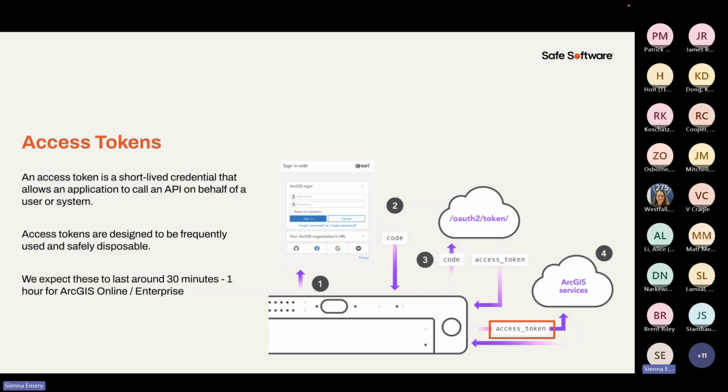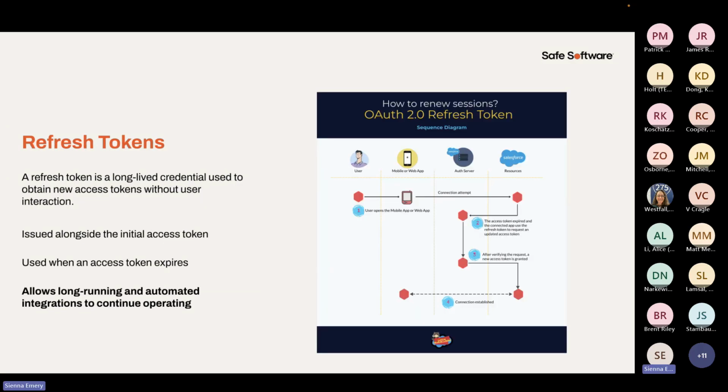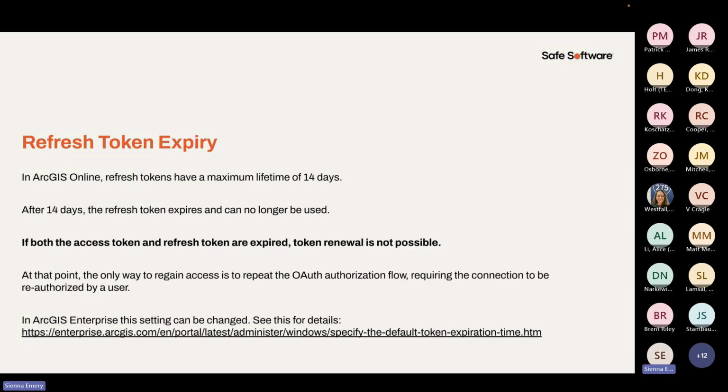And then after that, they're done, and we have to get a new access token. How we do that is using something called a refresh token. A refresh token is a longer lived token. So once your access token expires, we can get a new one using this refresh token. And this all happens behind the scenes. So this isn't something you really need to know about or care about, but this is what's going on. So access token expires, we get a new one using a refresh token.